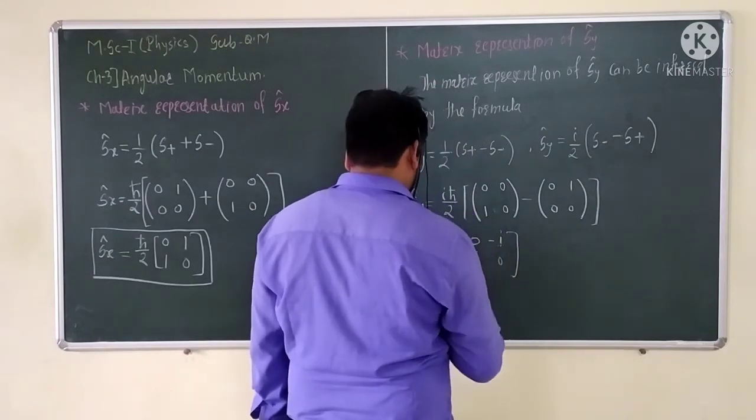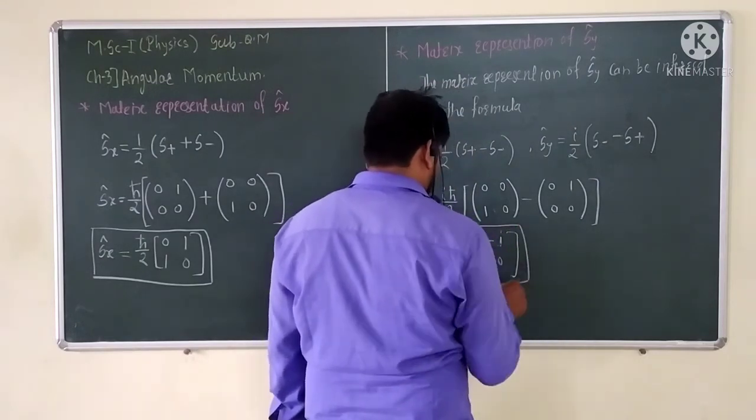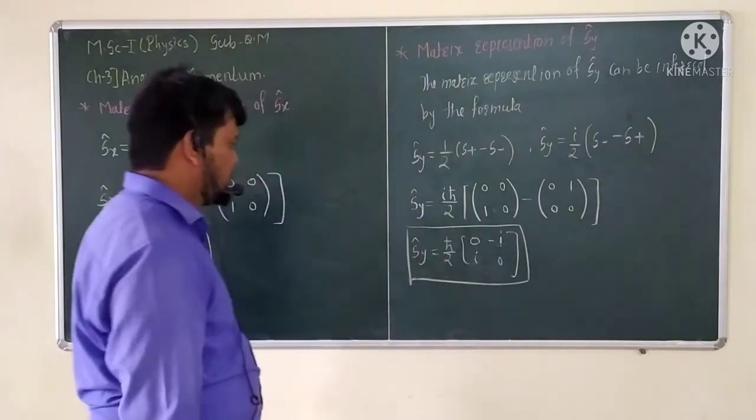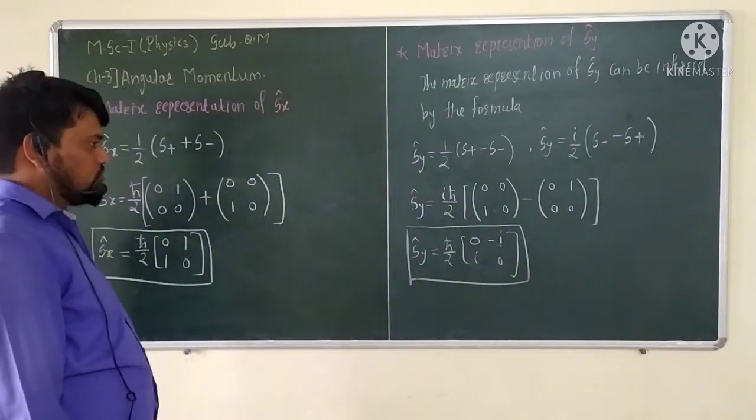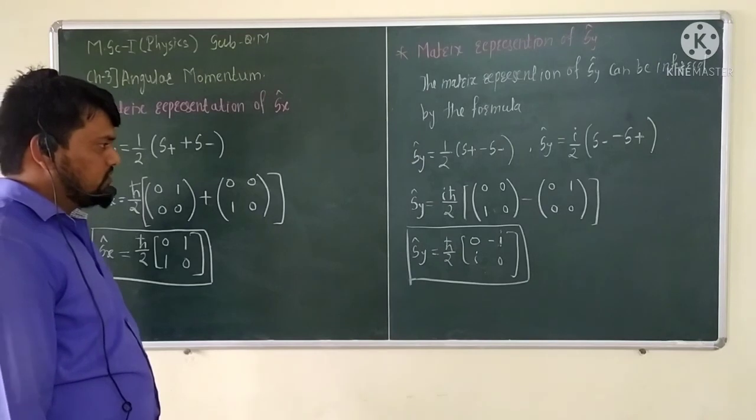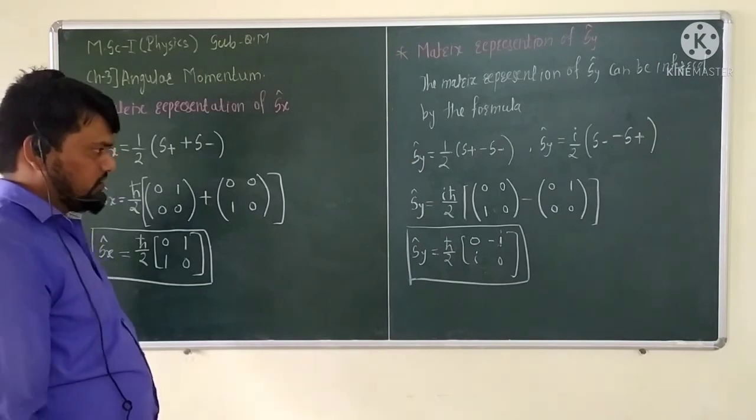So the matrix representation of the Sy cap operator is h cross by 2 times 0 minus i, i 0.